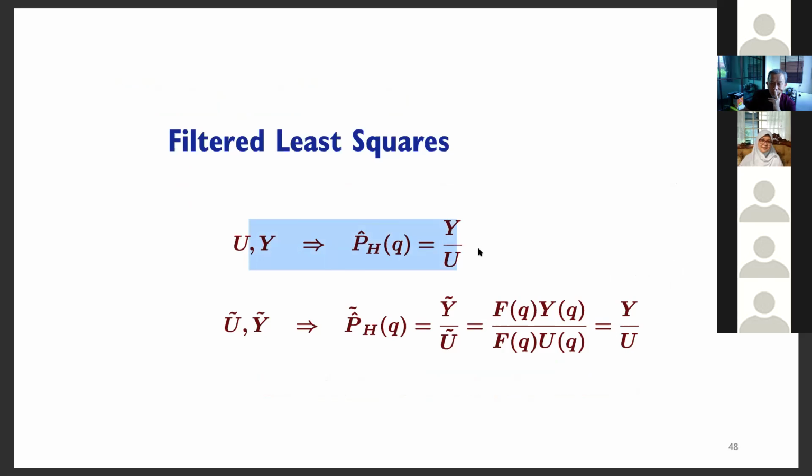So when you apply the filter to least squares, it will become some notation here, which is different from the top because you multiply by the filter up and down, at the numerator and at the denominator.